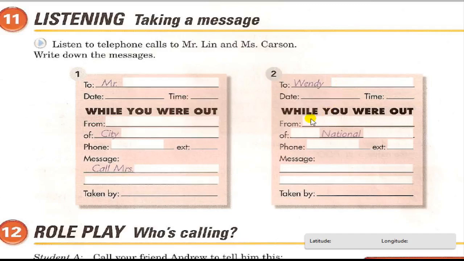I'm sorry, there's no answer. May I take a message? Yes, would you please ask her to call Sam at First National Bank? Sam at First National Bank. The number is 555-1187, extension 313. 555-1187. Extension 313? That's right. Okay, I'll give her the message. Thanks so much. Bye. Goodbye.